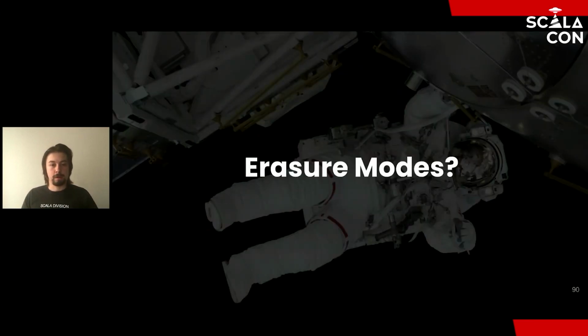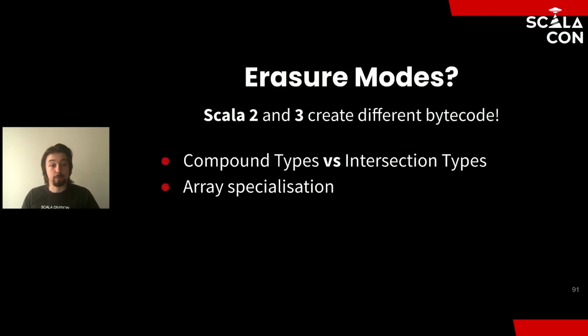So what are these erasure modes? Erasure is the stage in the Scala compiler where we convert Scala types into types that match what the JVM expects. Scala 2 and Scala 3 have different ways of translating Scala types into bytecode. For example, in Scala 2, we have compound types, whereas in Scala 3 they're understood as intersection types.